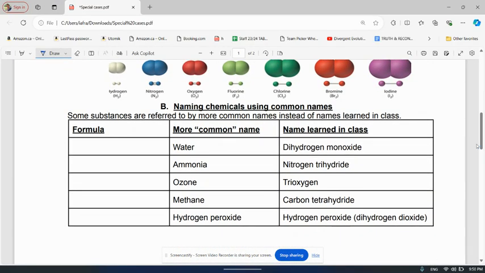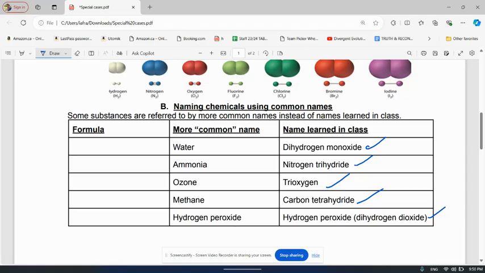Now, another special case is common names. There are some substances that are so commonly used that instead of using the formula or the scientific name that we learned about in class, we use their common name.